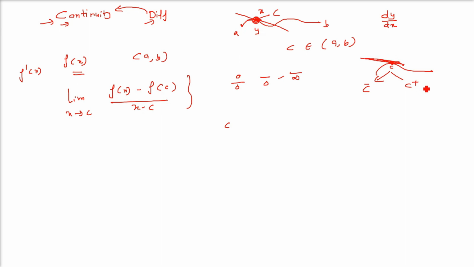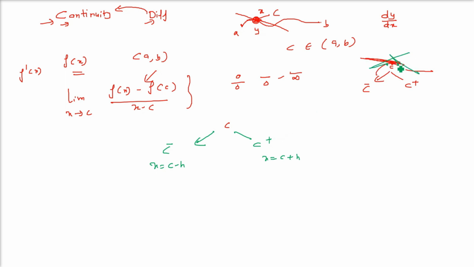So we go to c minus and c plus, that is, just a bit behind c and in front of c. If you are checking at some point c in the interval (a, b), then for the left hand derivative we take c minus h, going just a bit backward, and for the right hand derivative c plus h, moving just in front of c. c can be any value between a and b, and you have to check the differentiability at that c.